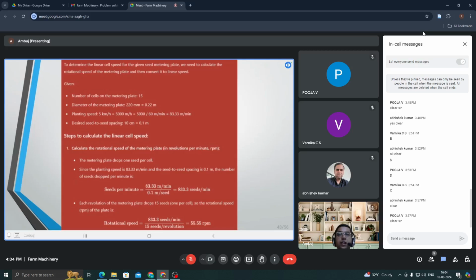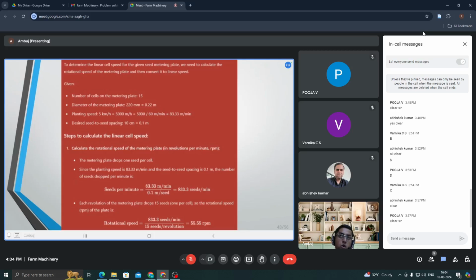That is why I have converted the seed to seed spacing into speed terms. With that, I have divided it, and now I have got how many seeds per minute are required.